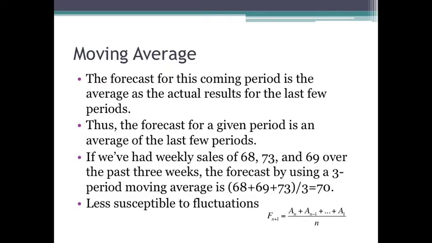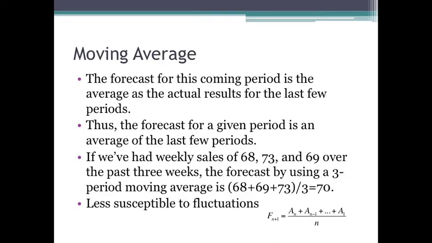So the idea of moving average is that we take the average of the last 3 periods, or 4 periods, or 5 periods, however many periods we really want, and this becomes our forecast for the next time period. Now, this tends to be a lot less susceptible to fluctuations. It tends to be a lot less susceptible to these outliers that occur on occasion.